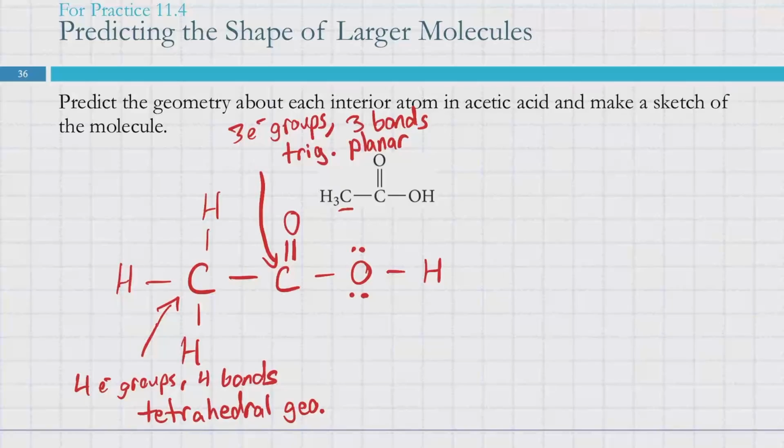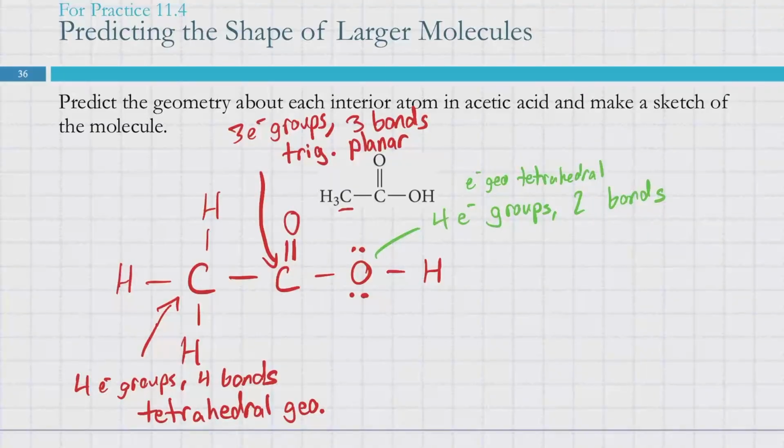And then our oxygen, here on the right, has 4 electron groups, but only 2 bonds. So its electron geometry is tetrahedral. If you get rid of 2 of those groups, then you've got bent geometry for the 2 remaining groups.